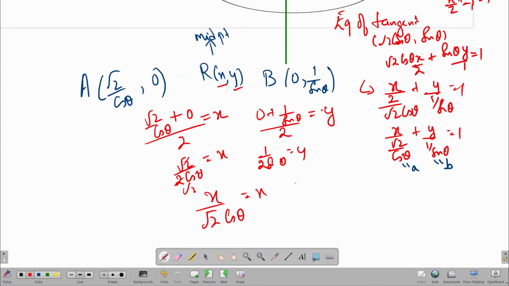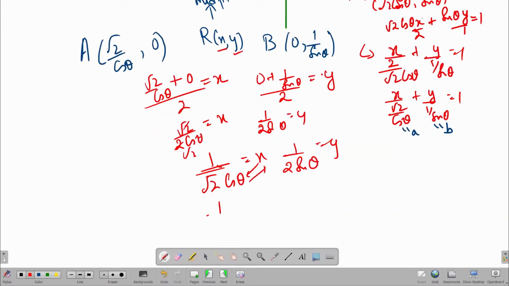Just change the sides, and from here I get 1 upon root 2 x is equal to cos theta, and 1 upon 2y is equal to sin theta.